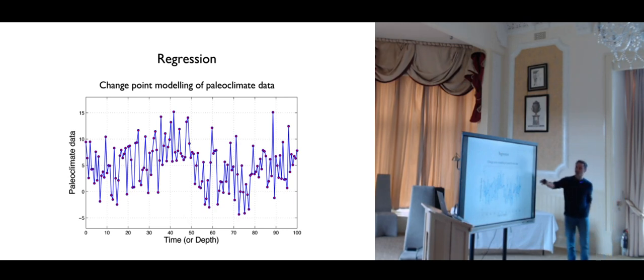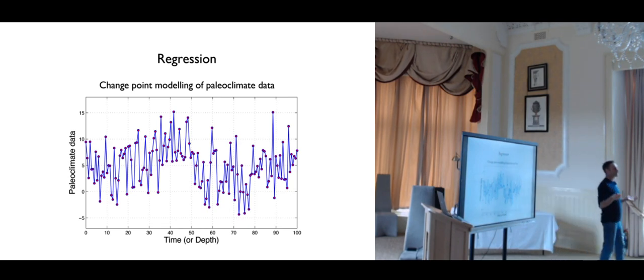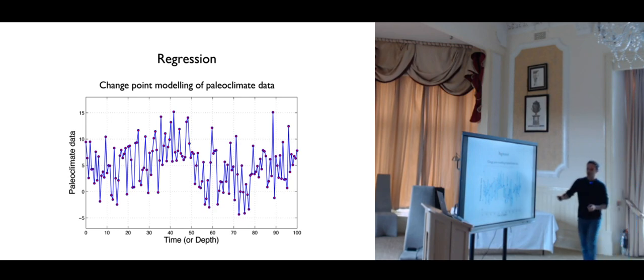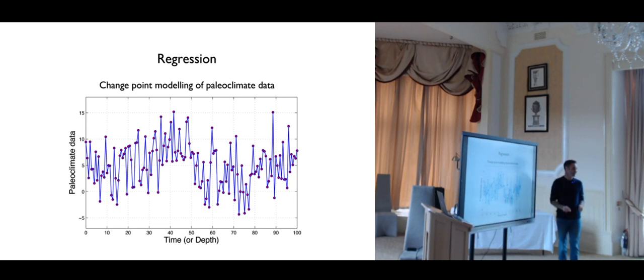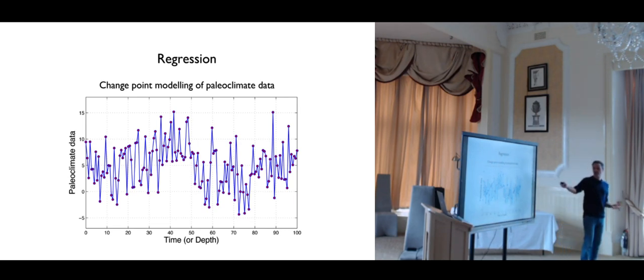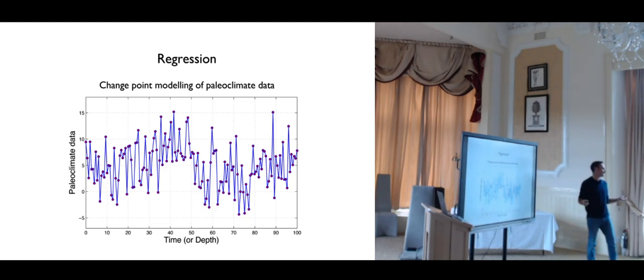But the problem here is, let's imagine we have paleoclimate data that we get from a sedimentologist. That is maybe a proxy of temperature as a function of time or depth. And we want to try to recover a model of the climate in the past. We want to fit a line through this data, and this data is noisy.